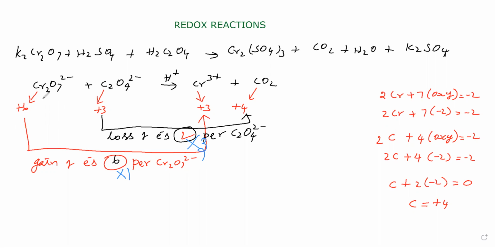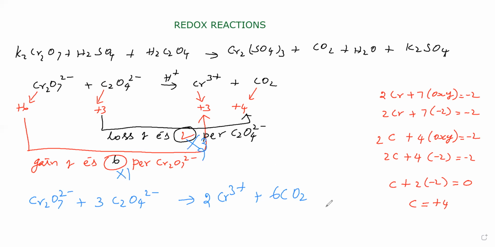So when dichromate goes for reaction 1 time, oxalate goes 3 times. It gives Cr3+ 2 times, because there are 2 chromium atoms, plus carbon dioxide, here carbon 6 times, therefore 6 times carbon dioxide.